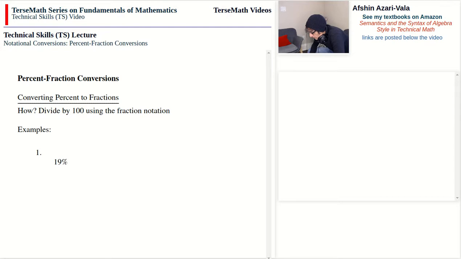As an example of this, 19% means 19 out of 100, 19 hundredths, and therefore we write it down as 19 over 100. You notice that the division by 100 is written using the fraction notation, and again the reason is because we want to get a fraction. Now if I wanted to get a decimal, then I would take the decimal and move it back over 2 digits, but if I want to get a fraction, then I divide by 100 like this.